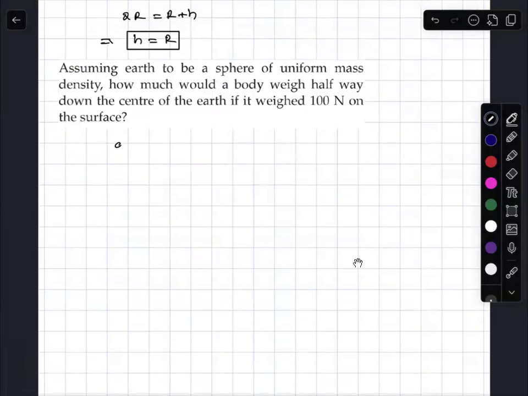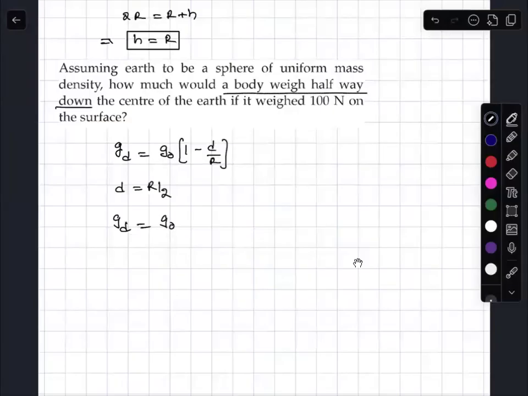You already know g at a depth is g naught times 1 minus d by R. Halfway down, d is equal to R by 2. So g_d becomes g naught by 2. So therefore weight will become 100 by 2, 50 newton.